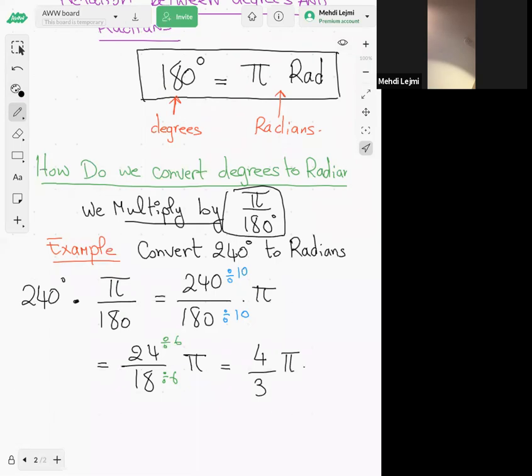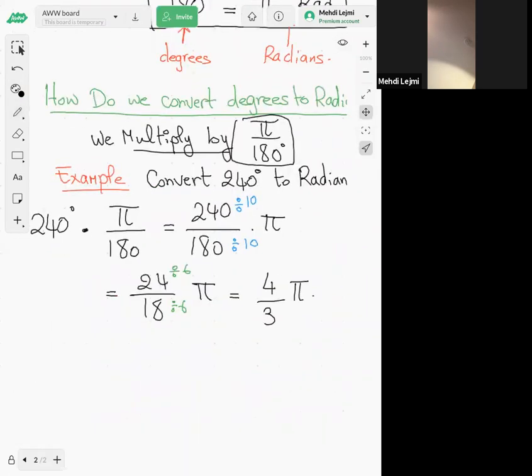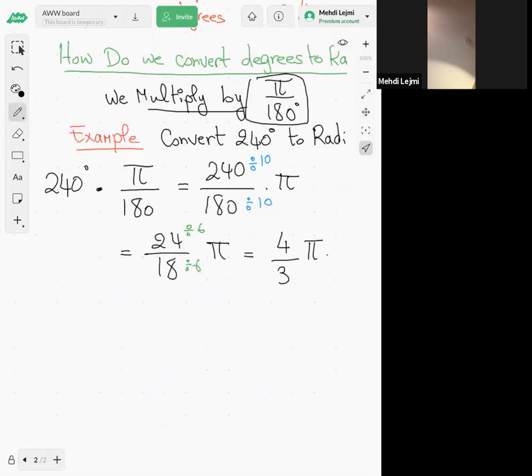Now 4 over 3, you cannot really reduce this fraction, right? 4 over 3 pi will be the answer. So the answer is that 240 degrees is equal to 4 pi over 3.